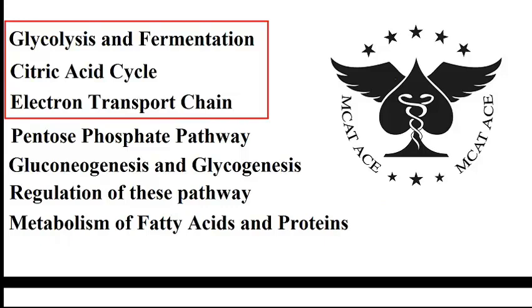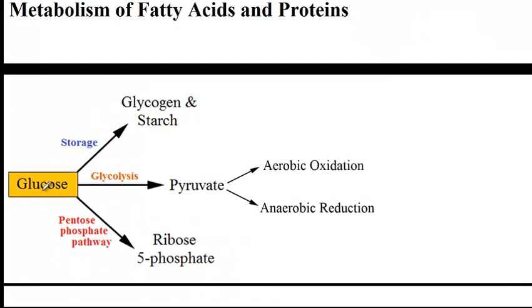Alright, so now let's start with glycolysis. Here I'm showing you the fate of the glucose, the main pathways that it will have to go through. And if you know these pathways, you know this lecture pretty well. So for the first part of this lecture, we are going to cover glycolysis, how glucose will be broken down into pyruvate, and then depending on the availability of oxygen, pyruvate can undergo aerobic respiration through the tricarboxylic acid or citric acid or Krebs cycle.